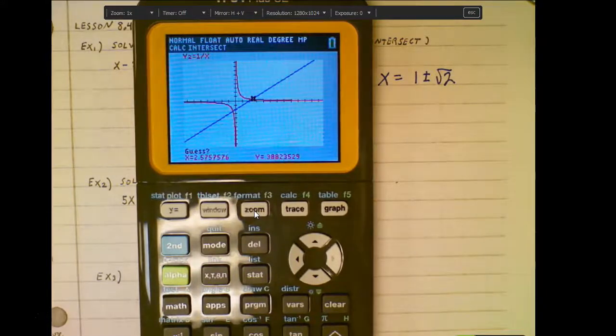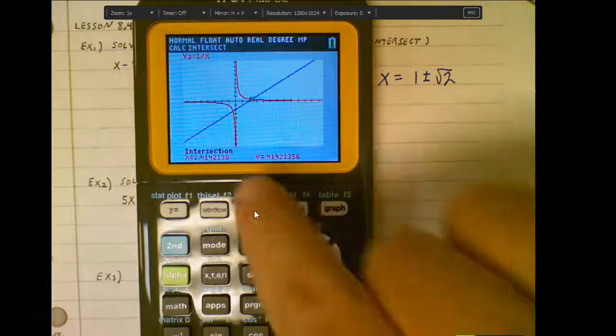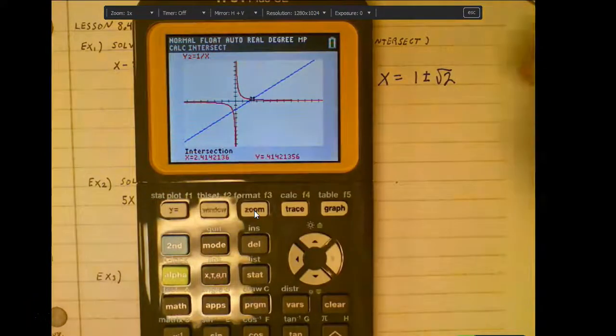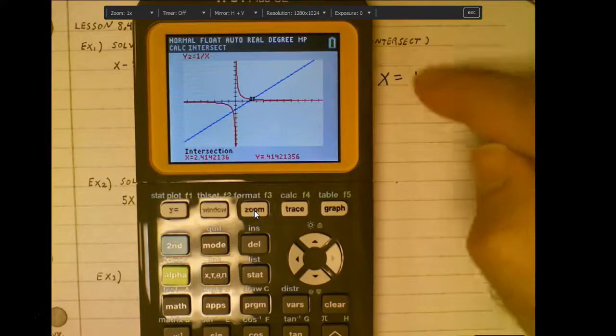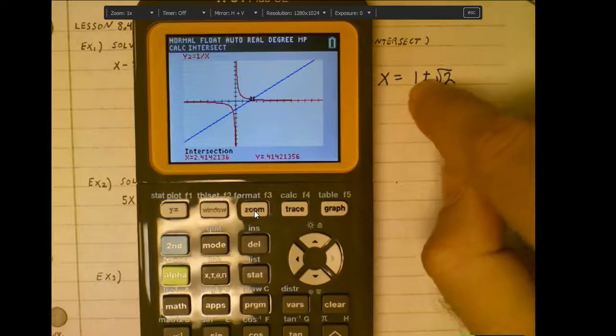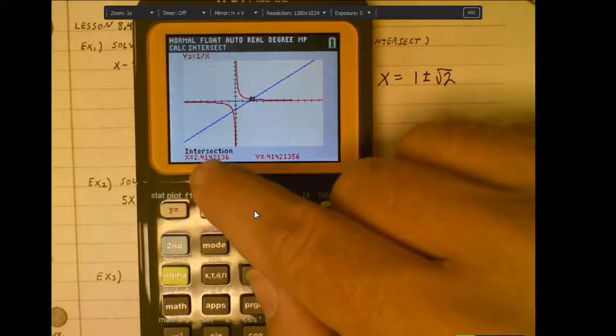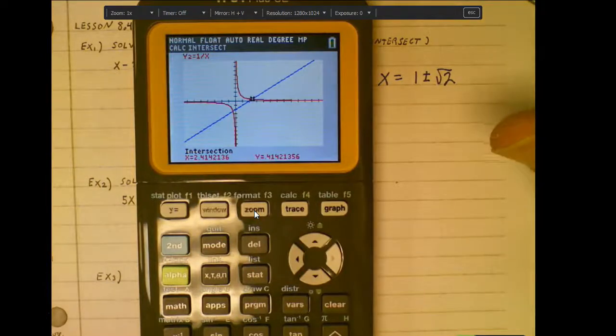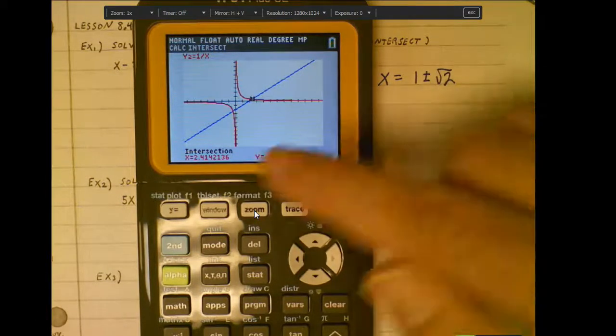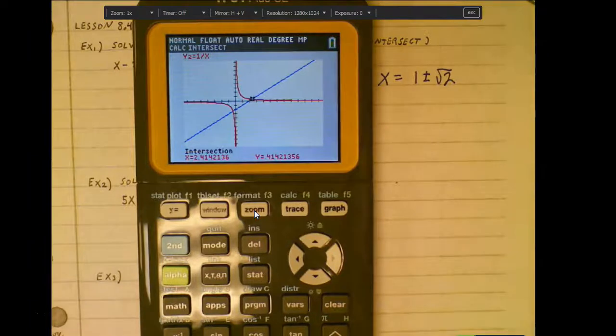So enter, enter, enter. And there we go. 2.41 is my first point of intersection. In your calculator, if you did 1 plus the square root of 2, you're going to get 2.41. And so that's our first answer. Whether you did it through this path or through this path, I'm going to get that 2.41 as an answer.